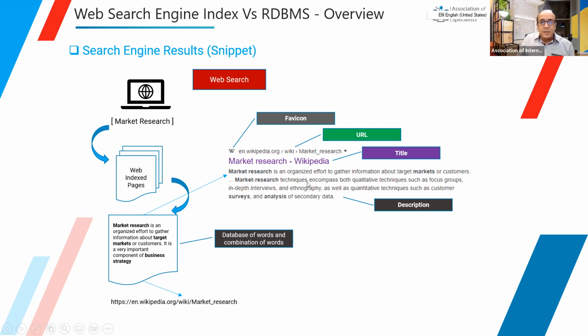This part is called the description, and this is the third element. And by the way, a favicon is just a small logo or a small image that becomes visible. It doesn't have a value for us as someone who has to read through the snippet to figure out what it's about. Perhaps the image just has a visual value, nothing more than that. So URL, title, and description, these 3 elements we are going to talk about.